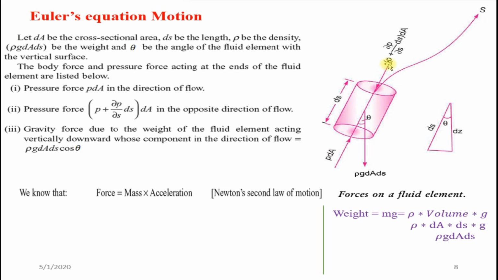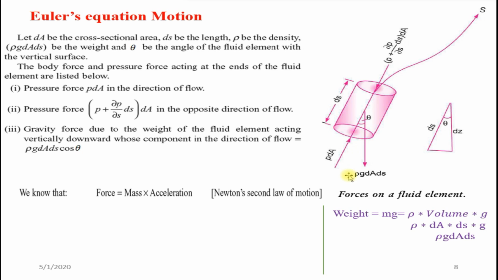This is in the opposite direction. This pressure is acting in this direction, then this pressure is acting in this direction, which are opposite to each other. Now one more force is acting, the gravitational force, which is at an angle theta with the vertical surface.